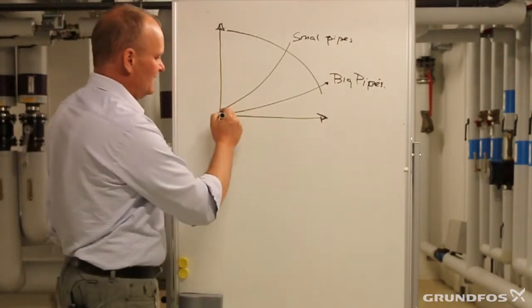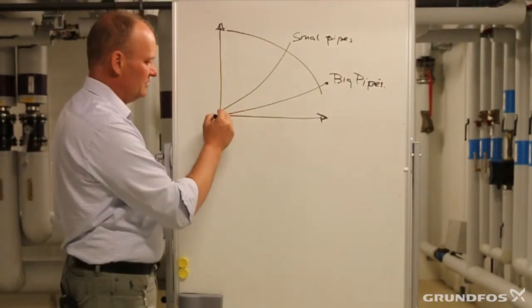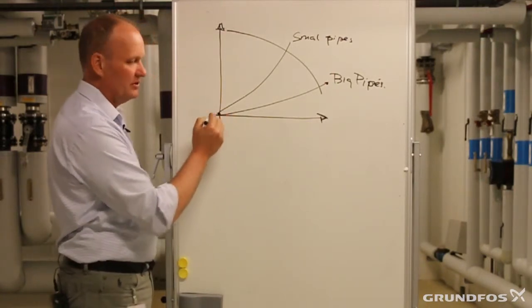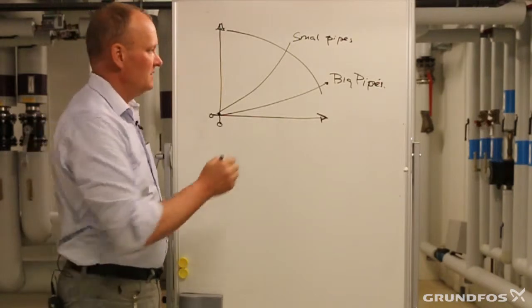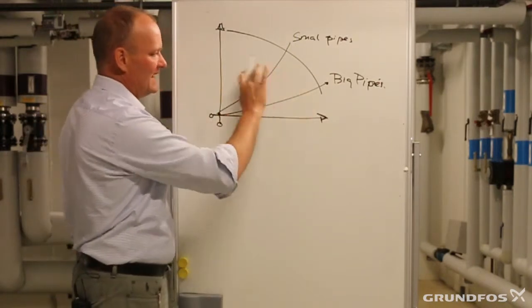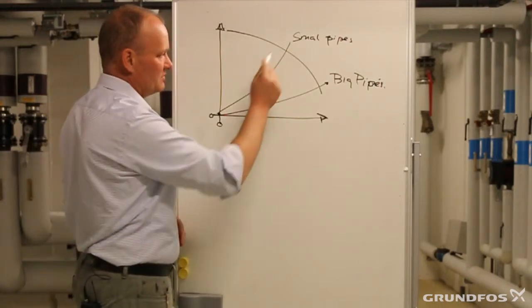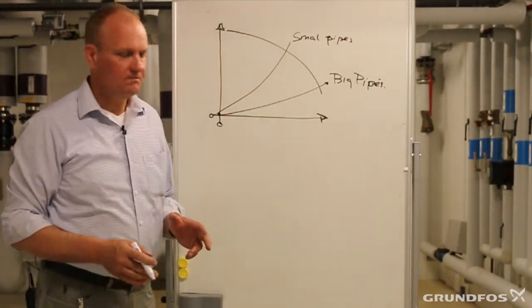So actually, in a modern system, even though the system characteristic always has its starting point from 0.0, the steepness and the flatness, so to speak, can vary. So a system characteristic is not a static thing.